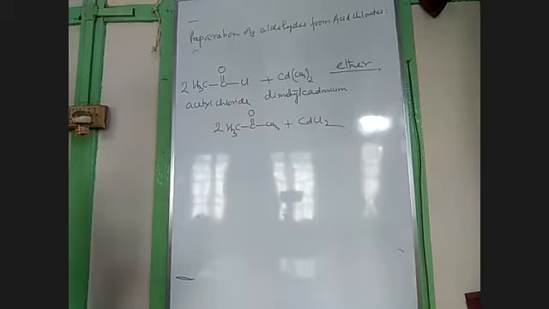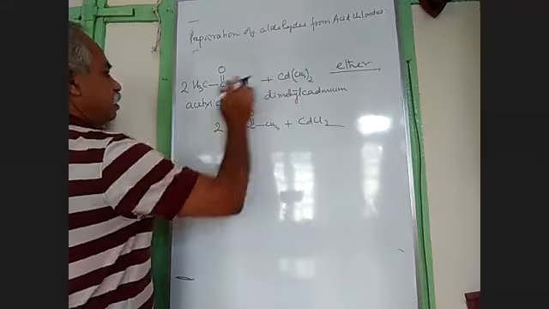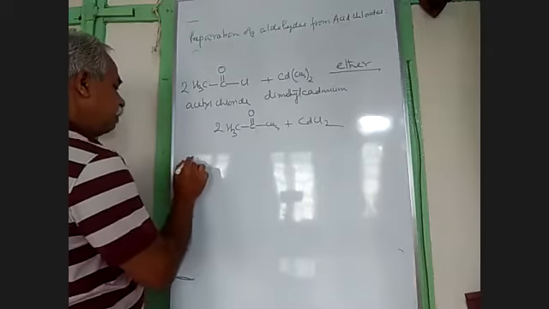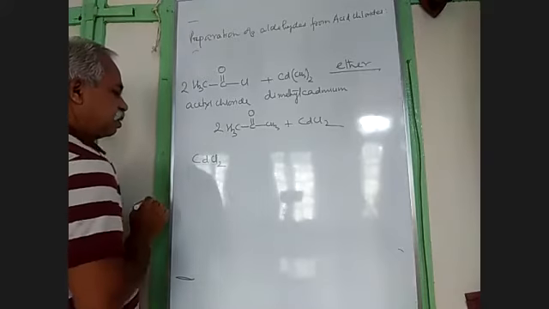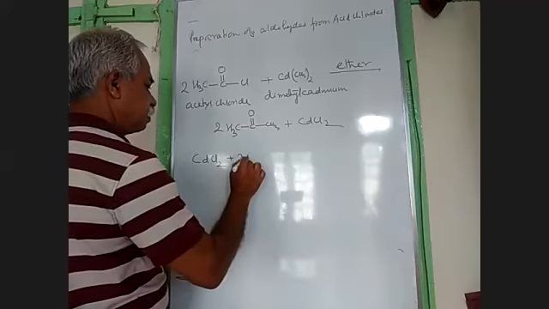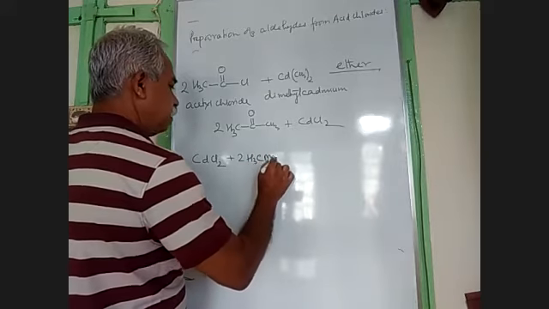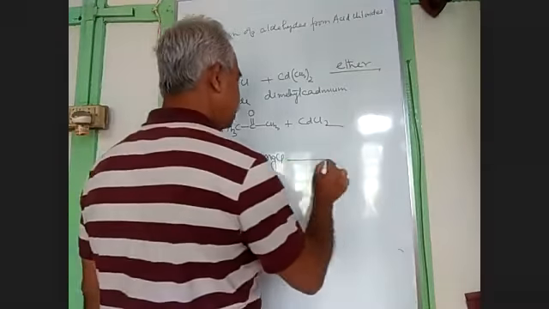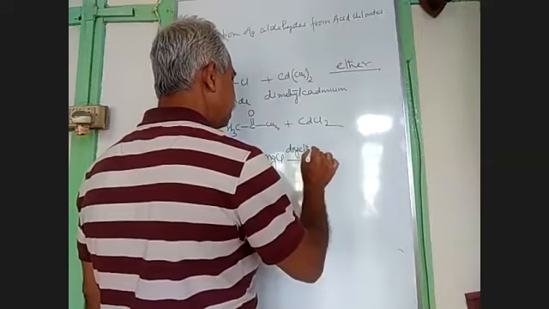All right? Now, how do you make this one? See, this can be made from Grignard reagent. Suppose we have taken here this plus 2 methyl magnesium chloride in dry ether.